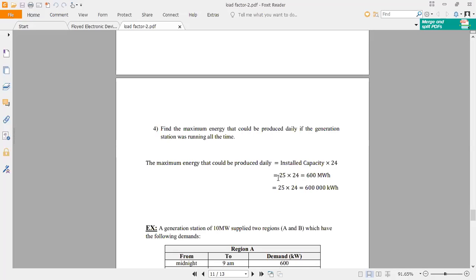So 25 megawatt multiplied by 24 hours, we get 600 megawatt hour. The realistic unit is kilowatt hour, so 600 megawatt hour means 600,000 kilowatt hours.